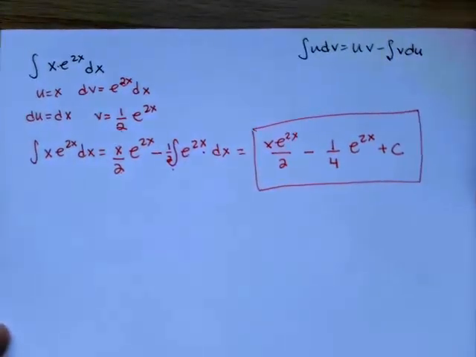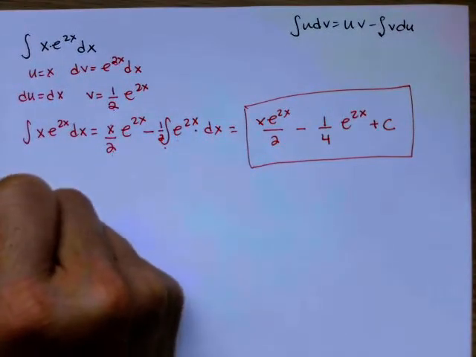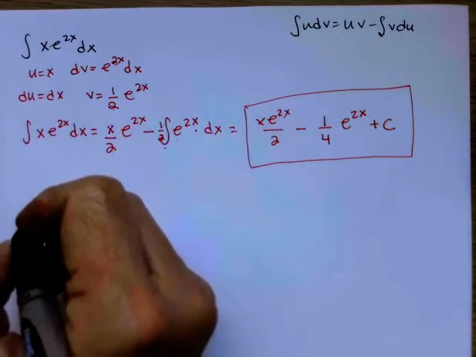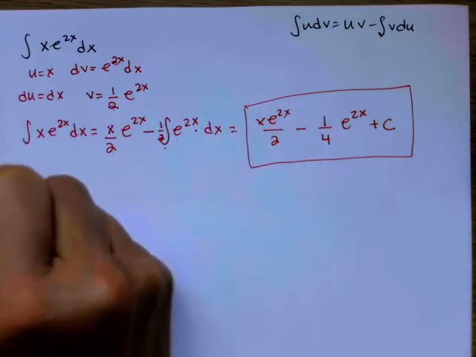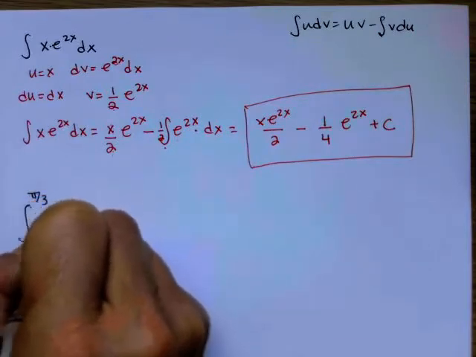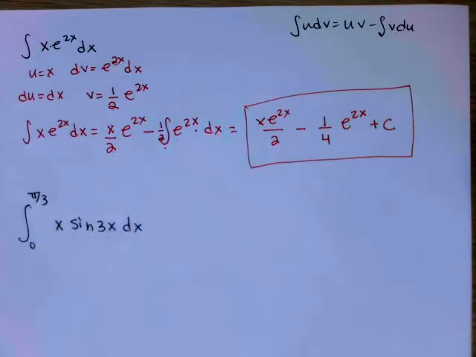Okay, so for our last example, let's go ahead and do one that has limits of integration. So we'll do a definite integral. So let's go between 0 and pi thirds, x sine 3x dx.